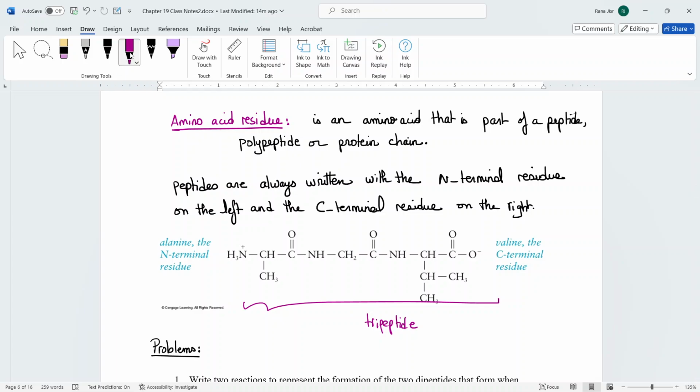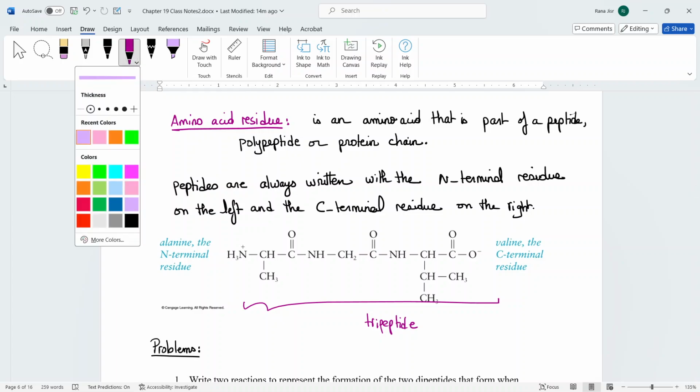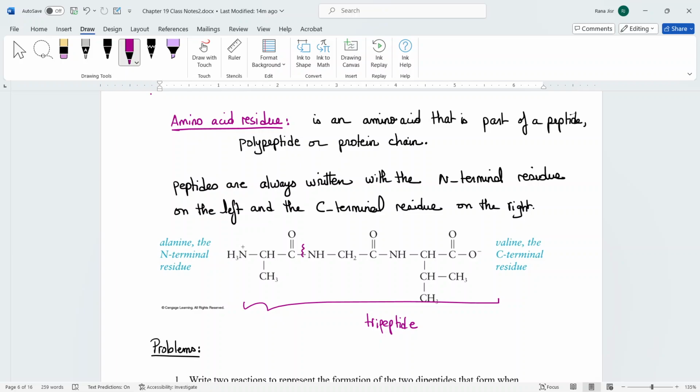So the first one, I can simply break it down. Break down the amide bond. Look at the table, and the first one here is valine. Then you can break down the second one. Always break down the amide bond. Again, look at the table.